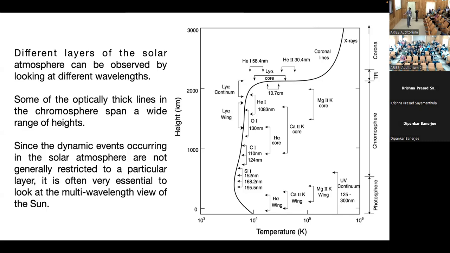Similarly, the calcium K core forms across this many atmospheric heights, and the wing forms here, and the magnesium K core forms at these atmospheric heights, and the magnesium K wing forms at this atmospheric height. So if you are observing this line, you can scan through it and observe different atmospheric heights, which you're going to see briefly in the next slide.